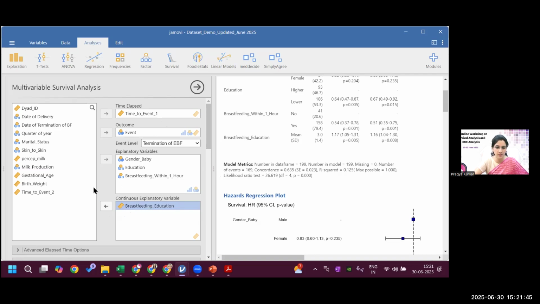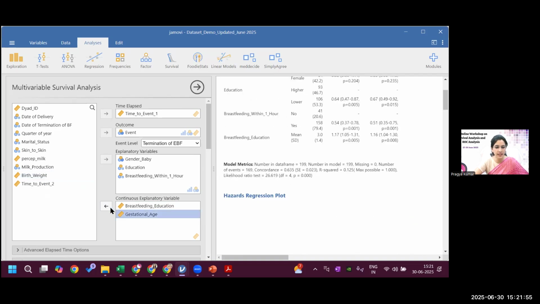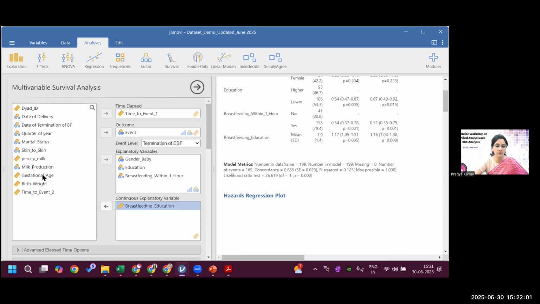But again, since Dr. Richie is asking, I'll move all the variables. I will move this gestational age here, and I'm not moving birth weight. I will only take one of these variables because these two had multicollinearity. So either you can have gestational age or birth weight.